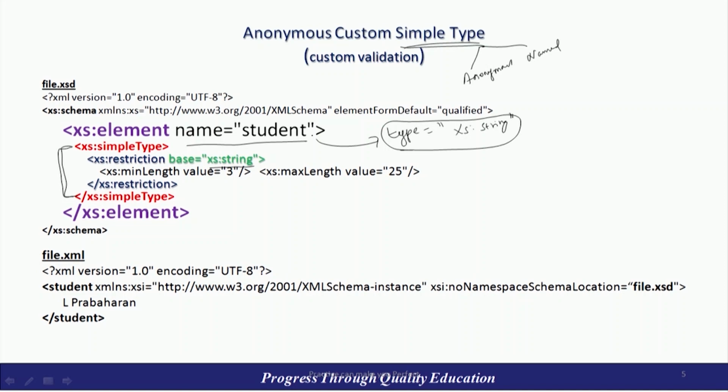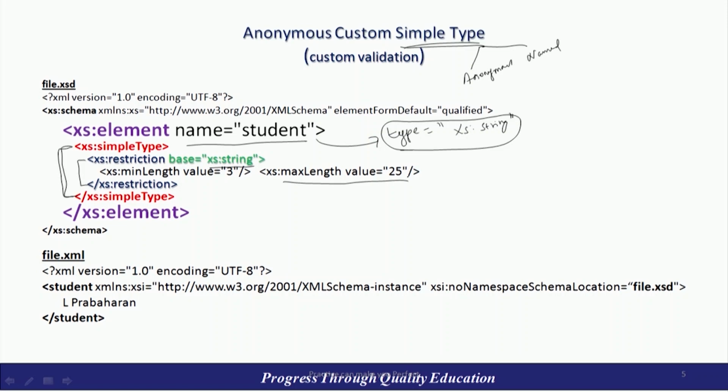And within this restriction, the restriction is also a paired tag, in which I have xs:minLength value equal to 3, maxLength value equal to 25. What is the meaning of this?